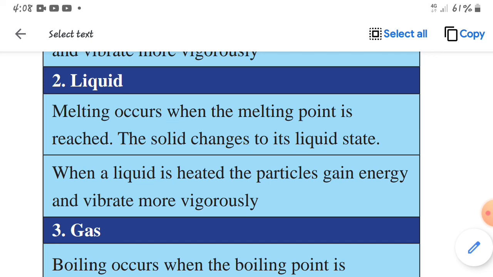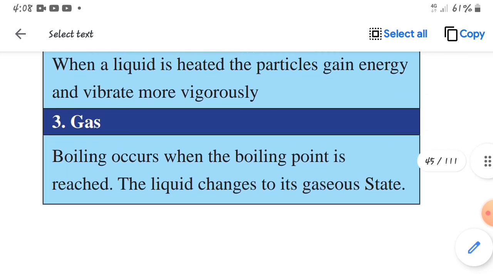This is clear to you children? Yes. And next one is gas. Boiling occurs when the boiling point is reached. You give some amount of temperature again, and the liquid changes into gaseous state. This is clear to you children? Yes.